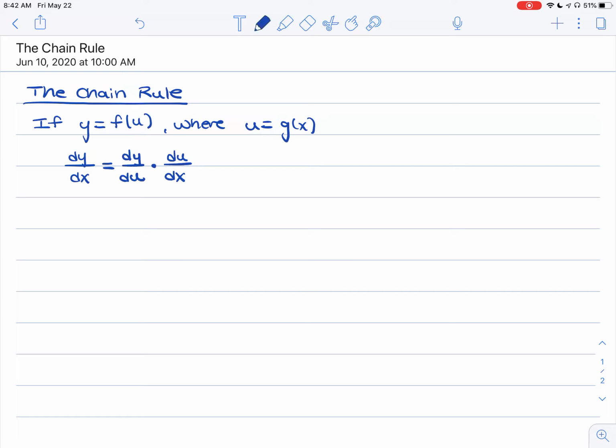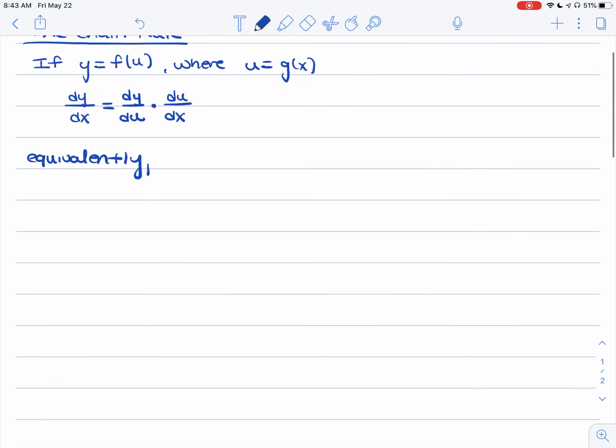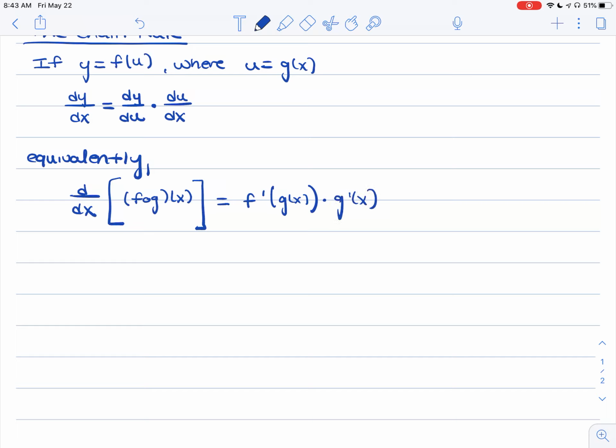So another way of saying this, equivalently, would be d/dx, so the derivative with respect to x, of the composite function f of g of x is equal to f prime of g, so the derivative of the outside function, times g prime of x, so the derivative of the inside function. Okay, all right, so this is our chain rule.